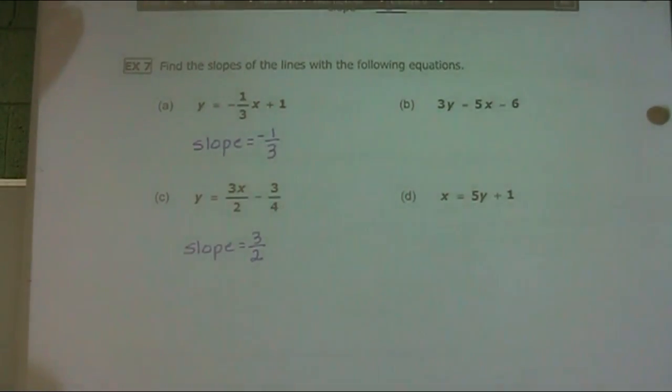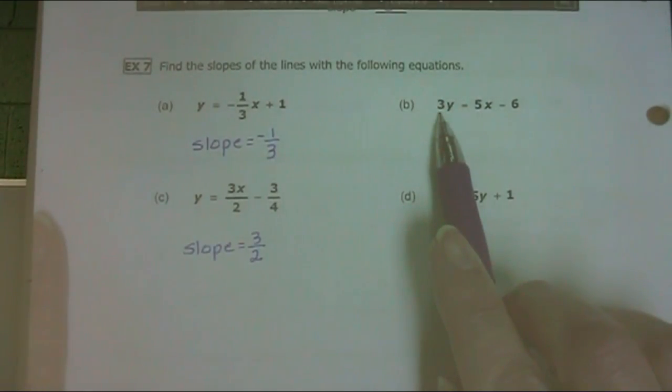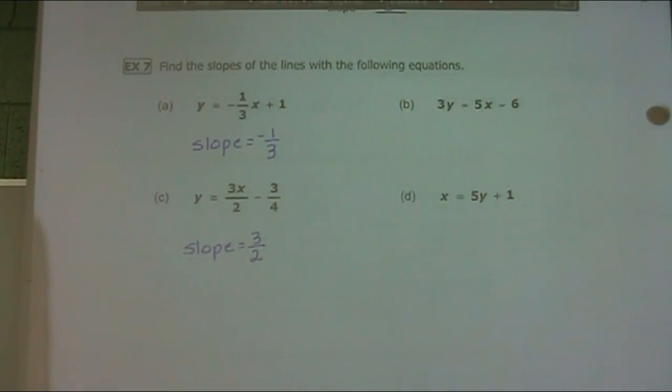All right, if we take a look at B, there's an issue with B. B is not in slope-intercept form, and the reason it's not is because the y term has a coefficient of 3. In slope-intercept form, the coefficient of y has to be positive 1. So we need to fix this and make our equation in slope-intercept form in order to find the slope.